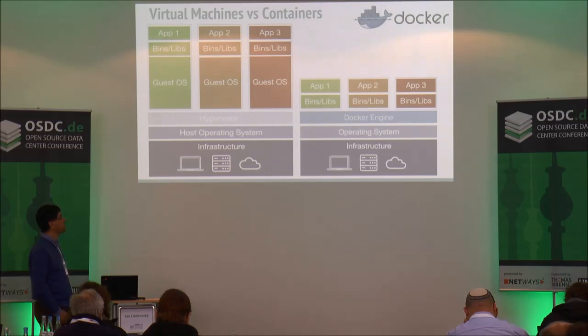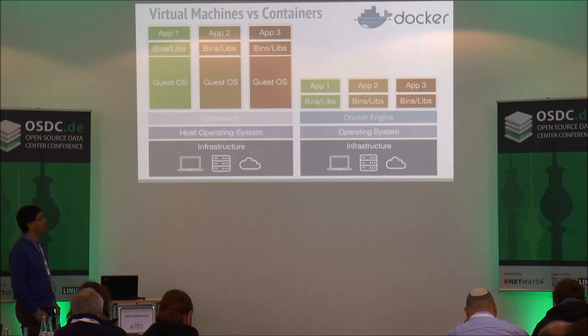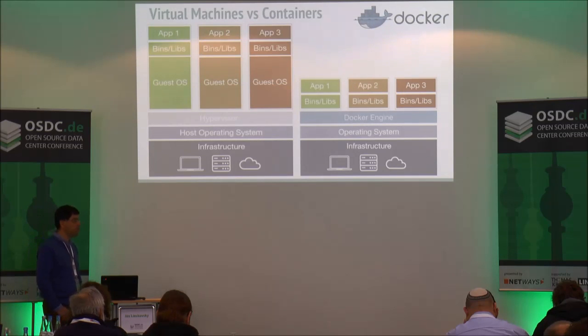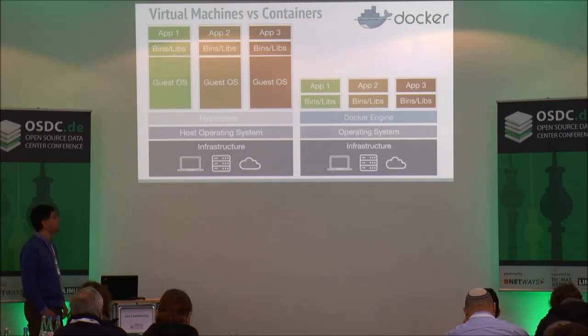Basically, the difference here is we have the infrastructure hardware and the host operating system. In the Docker image on the right, there is the Docker engine, and the containers consist of the binaries, libraries, and applications.